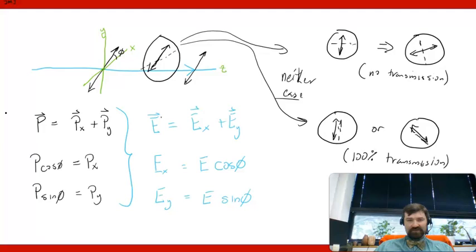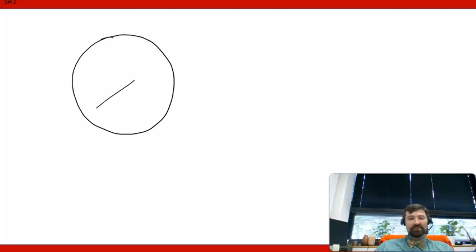So this is where Malus's law basically comes in, and this is where this whole thing of superposition comes in. So let's say that I happen to have a polarizer like so. Let's say that the polarizer angle or axis is like this, and let's say that my light, which is incident on this polarizer, happens to be polarized along this axis right here.